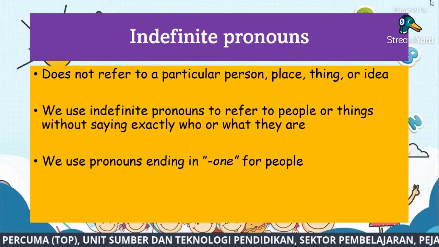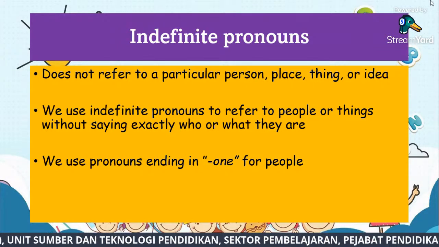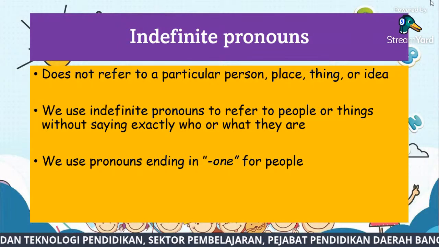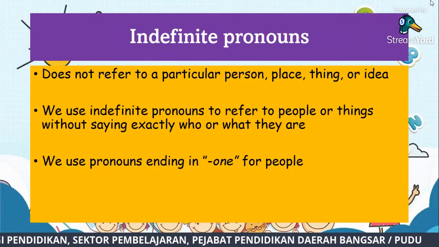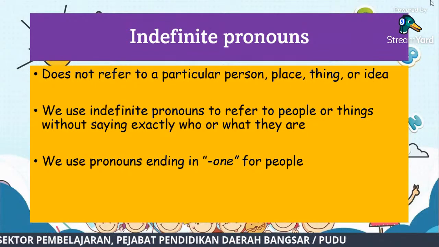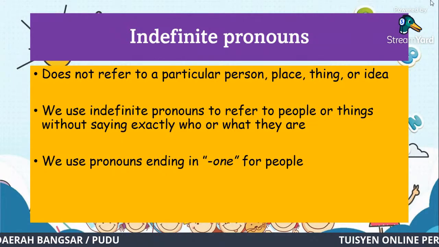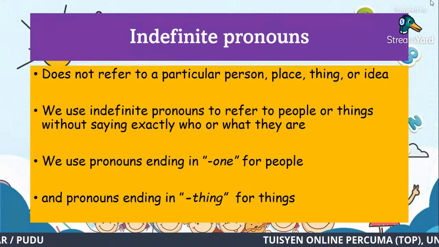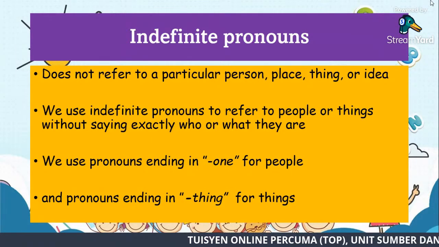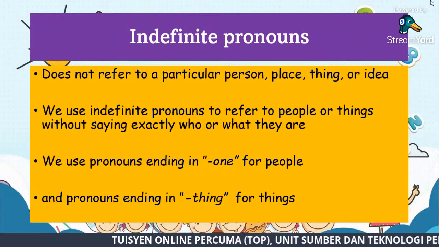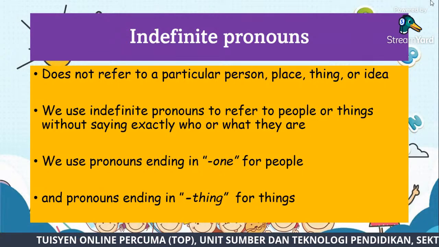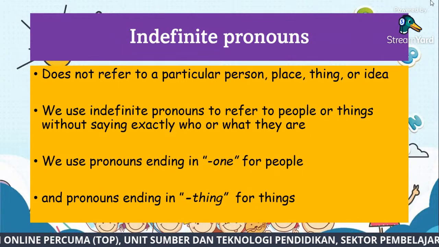We have two things that you have to focus on. We will be using pronouns ending in one, which refer to people, and pronouns ending with thing, which are for things.